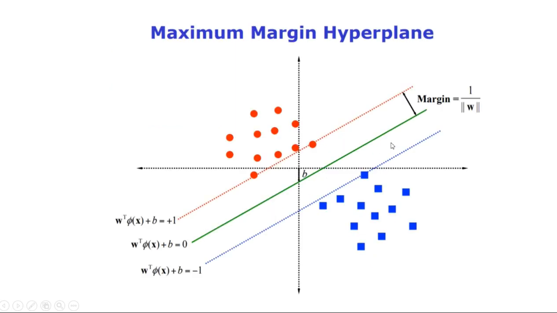So our SVM is all about finding the optimum decision surface. The red line is one decision surface, the blue line is also a decision surface. But if you select the blue line as the decision surface, it has very little distance, it is very close to the blue class sample. Similarly, if you select the red decision surface, it is very close to the red class.